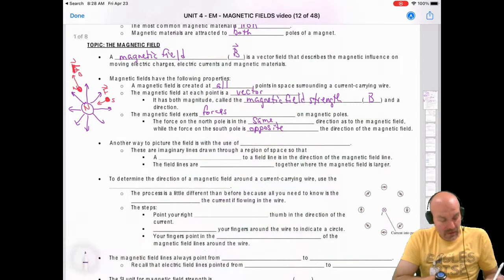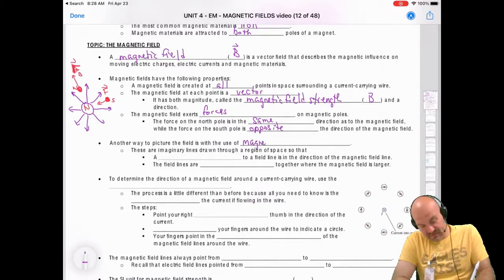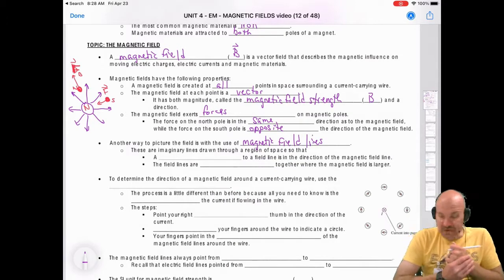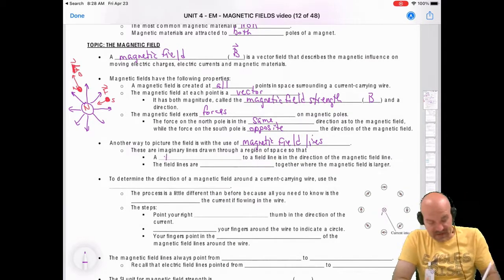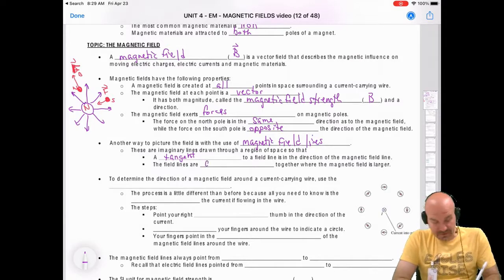And another way to picture the field is with the use of magnetic field lines. A tangent to a field line is in the direction of the magnetic field. The field lines are closer together where the magnetic field is larger.